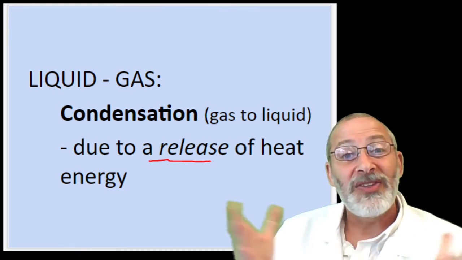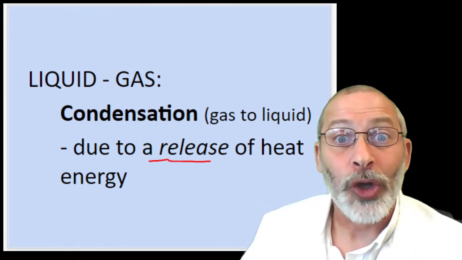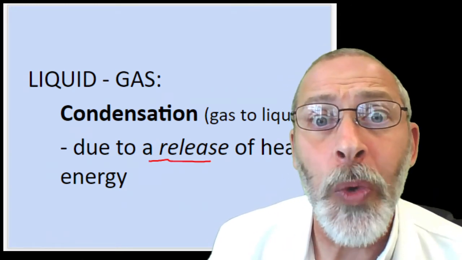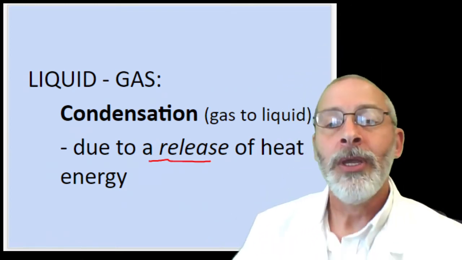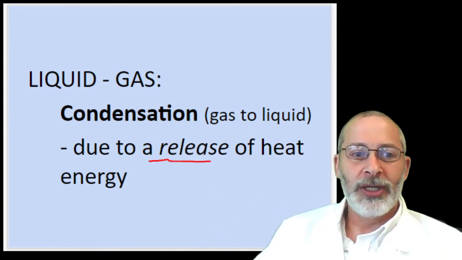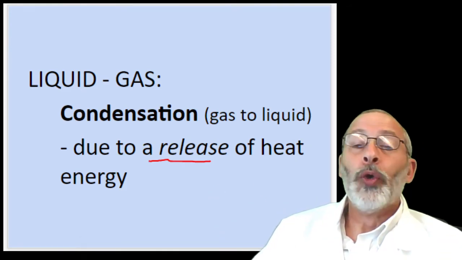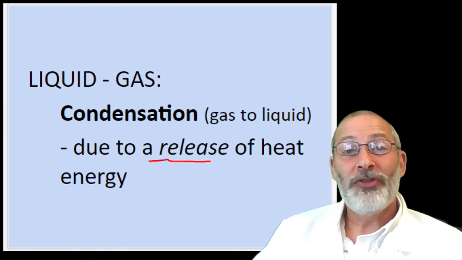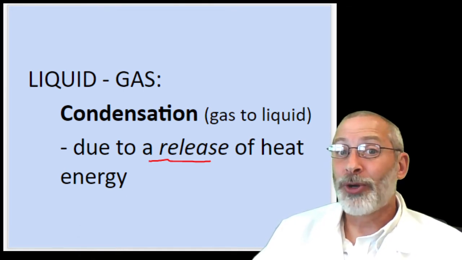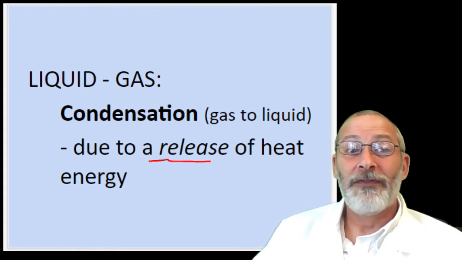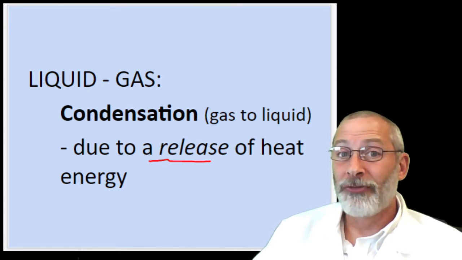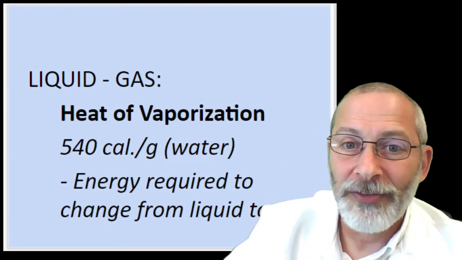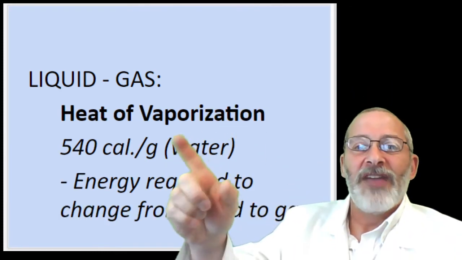So the best thing to do is to get out of the cold, go inside and have some hot cocoa. That will keep you warm on the inside and the out. But condensation is due to a release of heat energy. But get a load of this. If you thought 80 calories per gram, that heat of fusion was a lot, going from solid to liquid, get a load of the heat of vaporization.